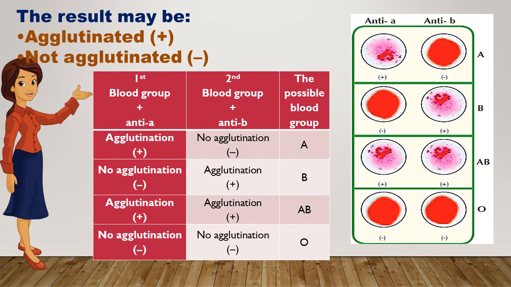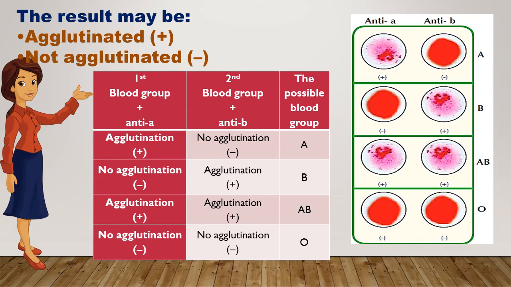As we said before, the antibody is antithetic to its antigen. So you have to know that antigen A with antibody A causes agglutination, and antigen B with antibody B causes agglutination.